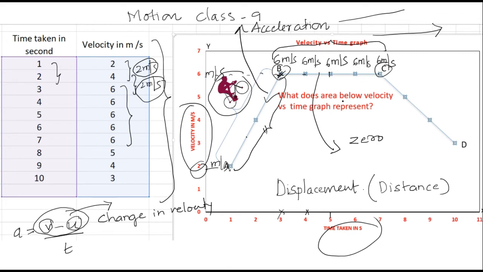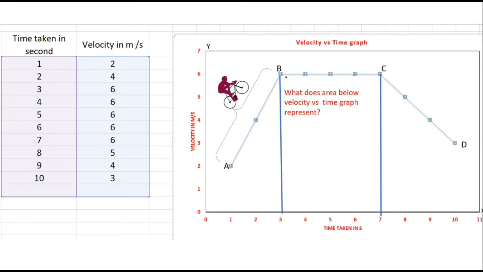Now, if a question comes that what is the displacement or distance covered by the body from B to C, since the body is moving, it has to cover some distance. So simply, we know that displacement can be calculated by the area below this particular line, right?